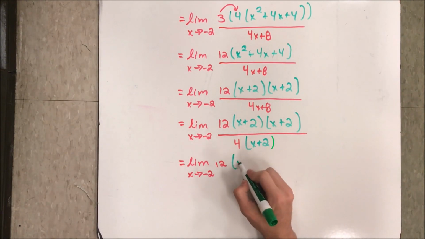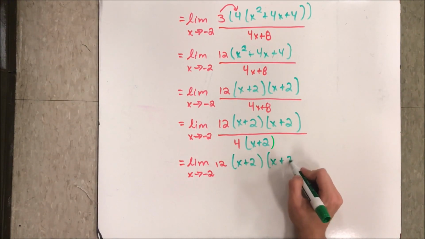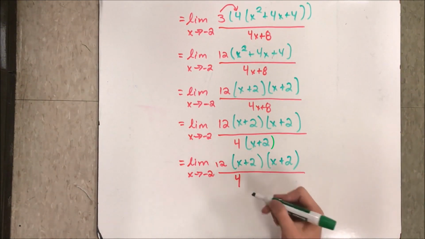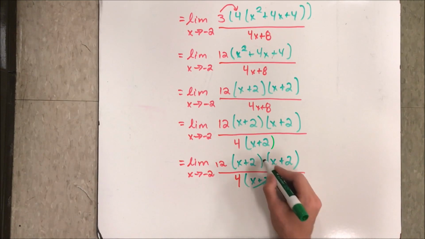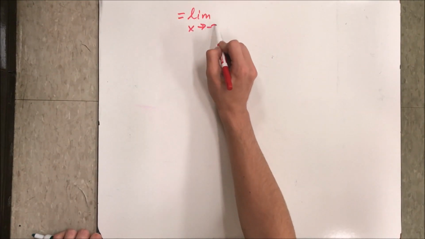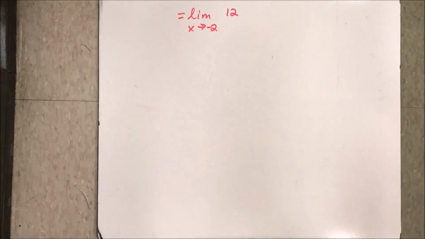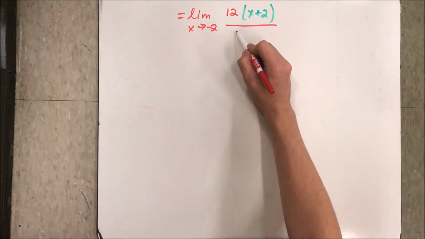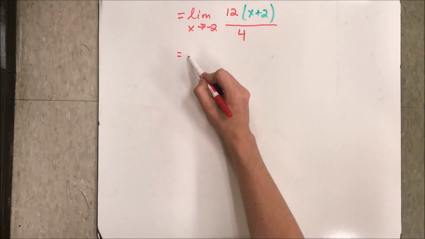Cancel out an x plus 2 in the numerator and an x plus 2 in the denominator to get 12 times (x plus 2) all over 4. The expression can be simplified after simple division to get 3 times (x plus 2).